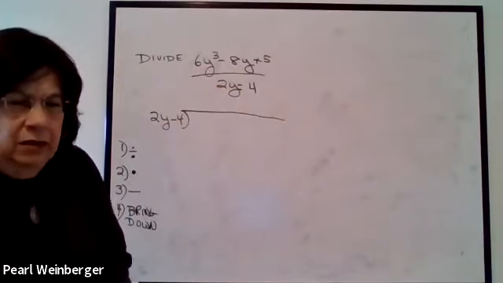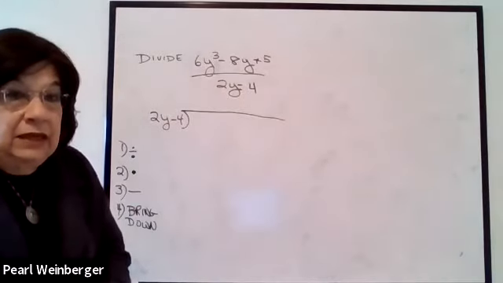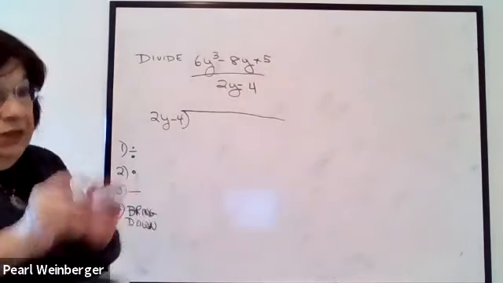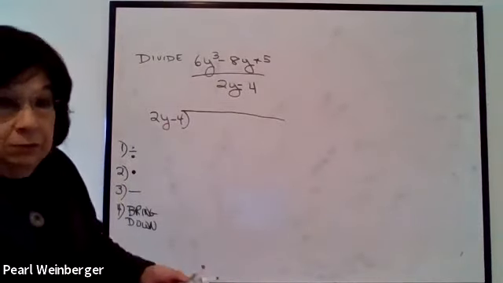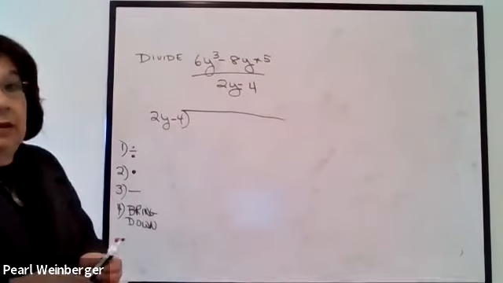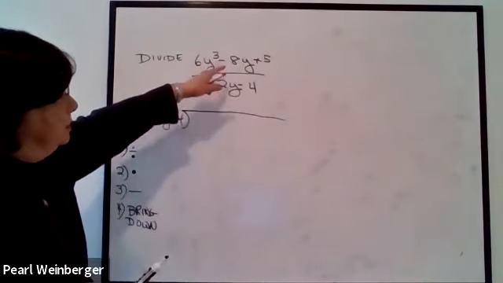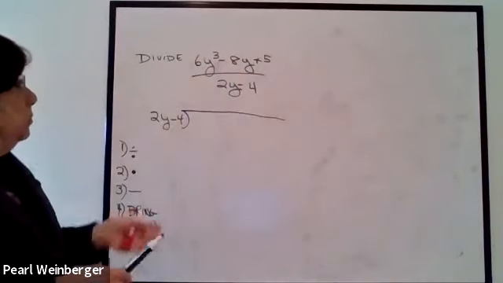But wait a second. Remember, I told you everything has to be arranged in descending order. Sometimes the terms are just out of order. They're not the way they're supposed to be. These terms are in descending order. I have the highest exponent, then the next, then the plain number.